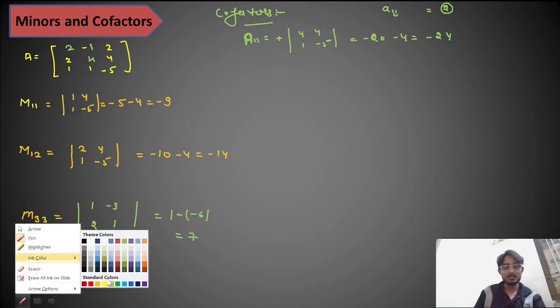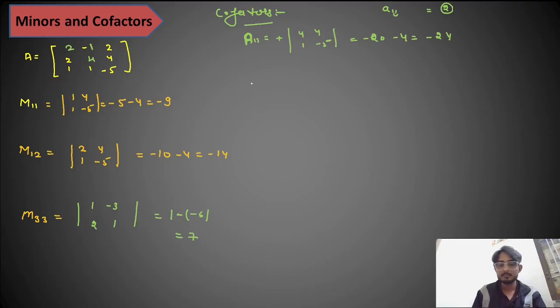Okay, now take another example. A23. How can you find A23? 2 and 3 means 5. It is an odd number. So now first you will take the sign as negative, and then eliminate the second row and third column.